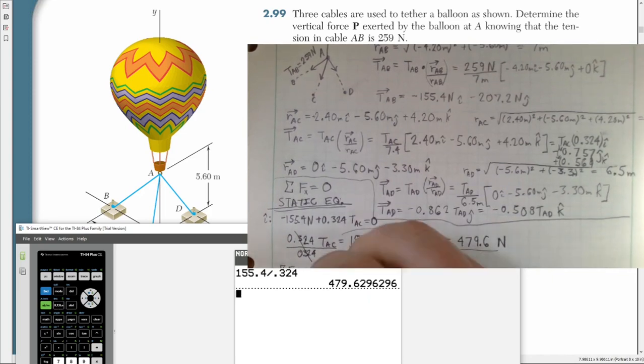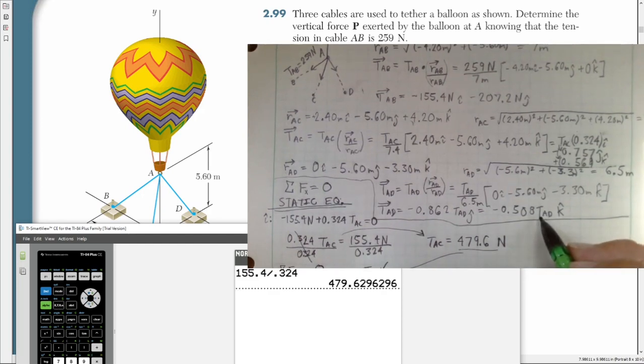So we can go ahead and write this in as being times 479.6 newtons. And then the k hat direction for tension AD, it's minus, in the z direction, minus 0.508 times tension AD scalar value.